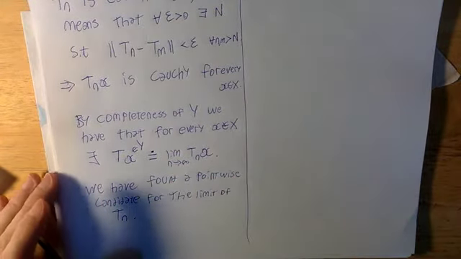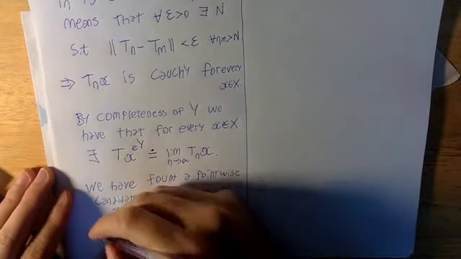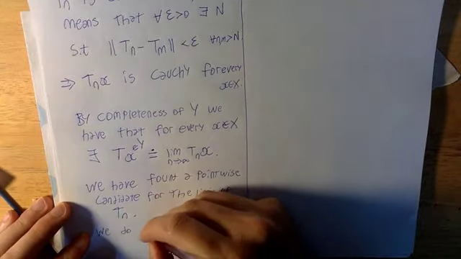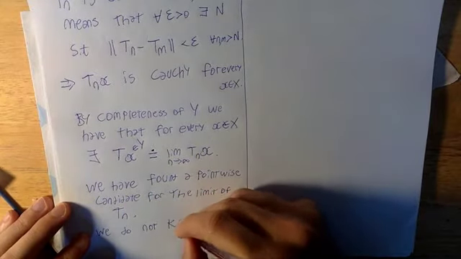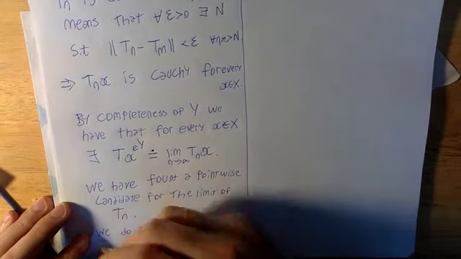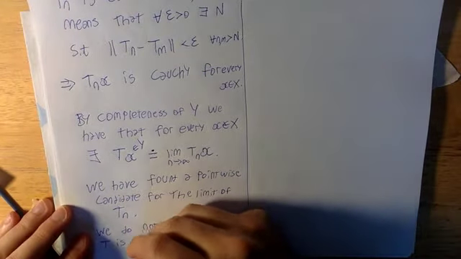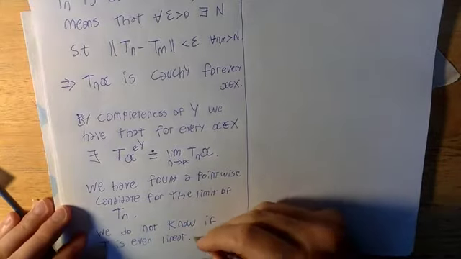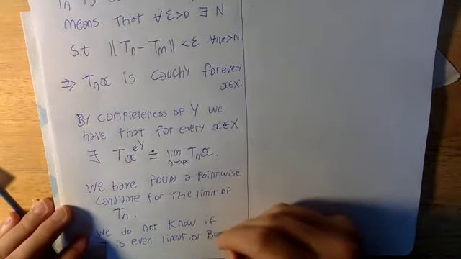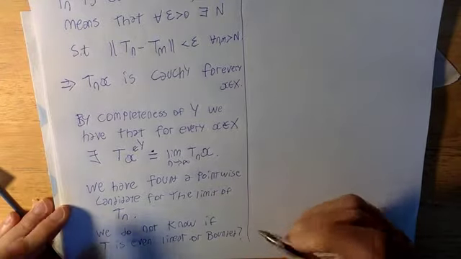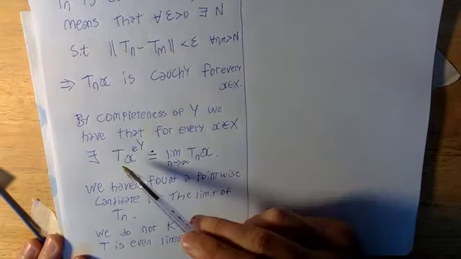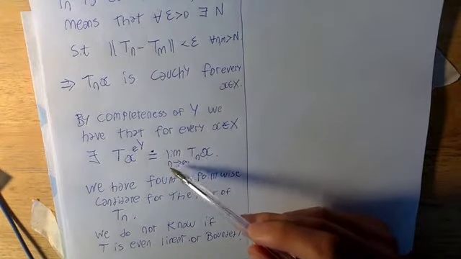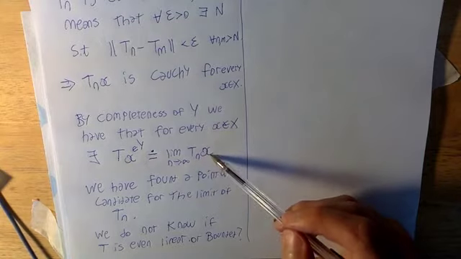So what is the problem? We do not know if T is even linear or bounded. Okay, so the point is we have created this operator by means of taking the limit when n goes to infinity of Tn of a certain x.